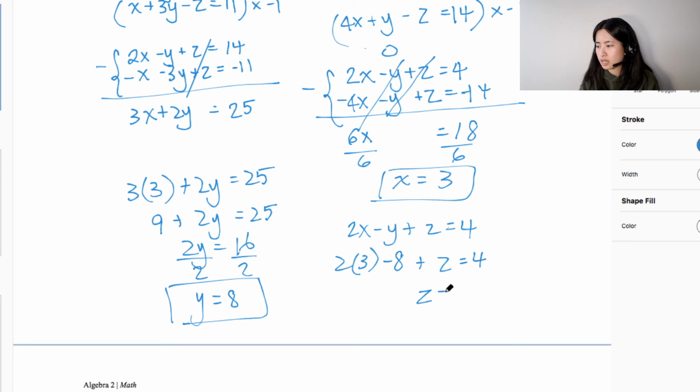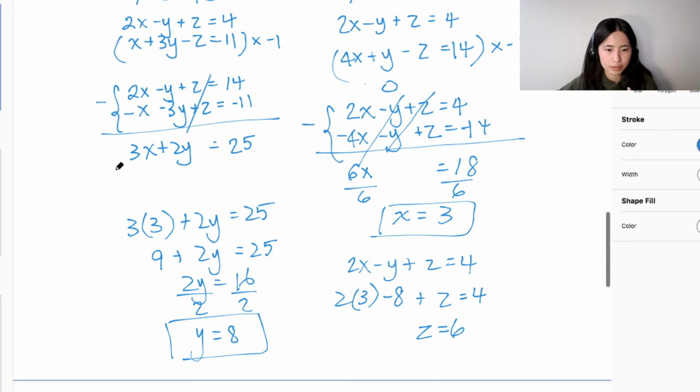So isolating z on one side, we know that this is 2 times 3, so that's 6 minus 8. That's going to be negative 2. Moving that to the opposite side, you would get positive 6, right? Because it's positive 2 and then plus 4, that's 6. Hold on, let's try this again. Okay, let me just double check this.